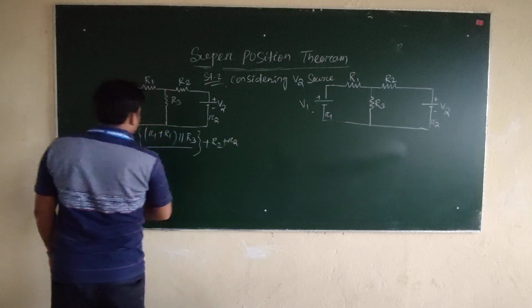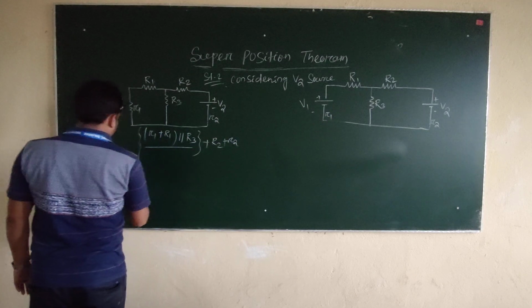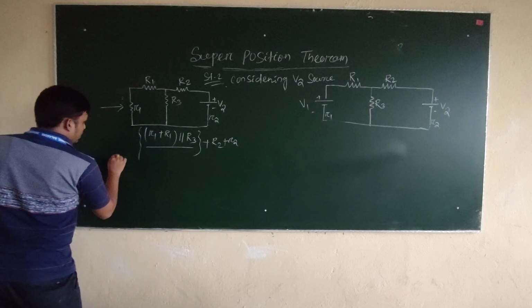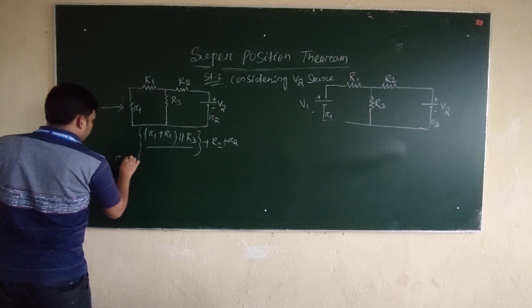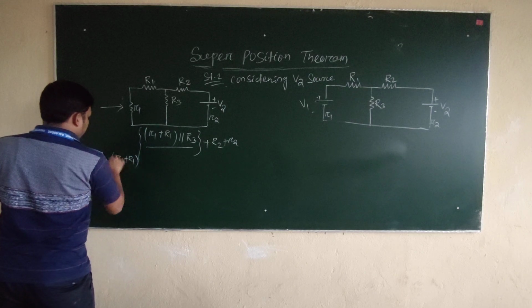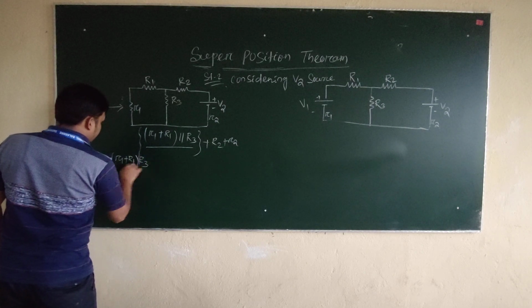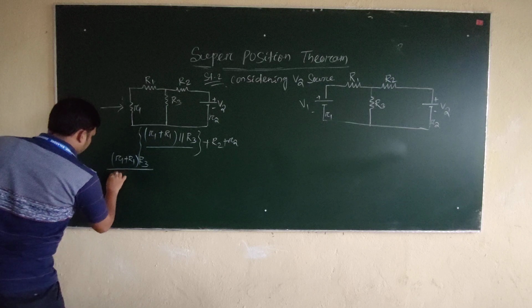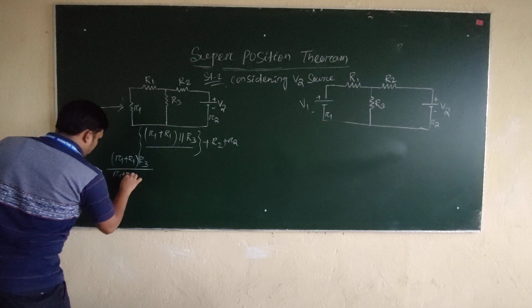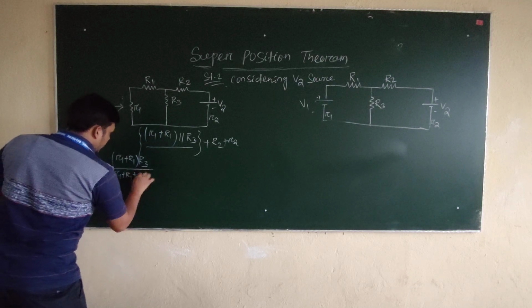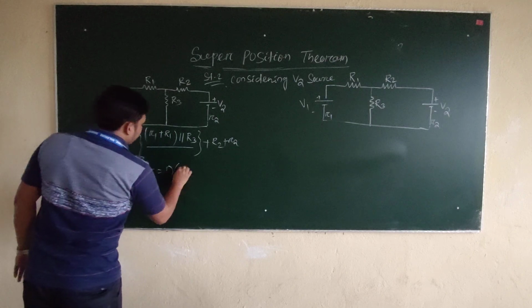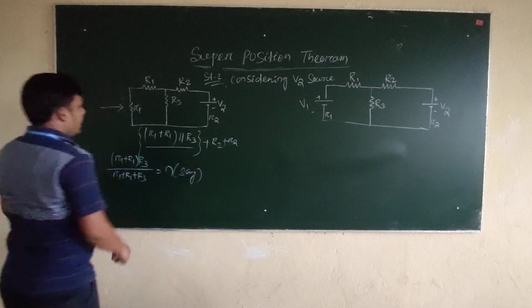By calculating this, we get r1 plus r1 into r3 divided by r1 plus r1 plus r3. Let us say this is n.